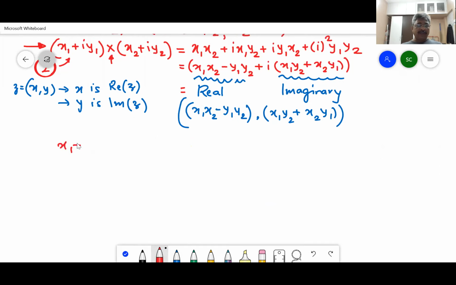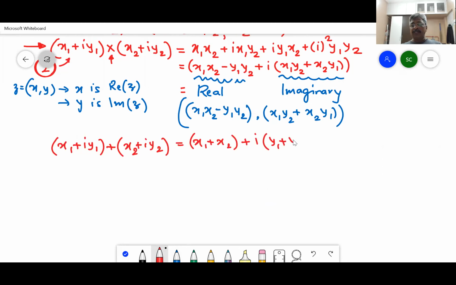So x1 plus iy1 plus x2 plus iy2 is equal to x1 plus x2 plus i times y1 plus y2, and it is the same.